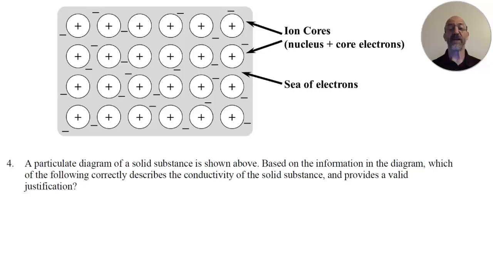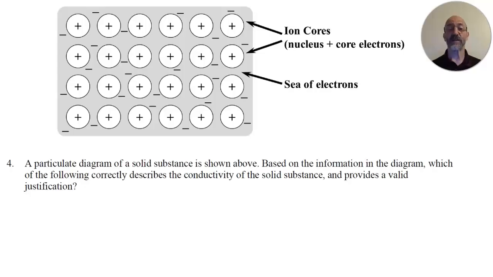Based on the information in the diagram, which of the following correctly describes the conductivity of the solid substance and provides a valid justification? Now, as you examine the features of this particulate diagram, you might not know at first if this is an ionic solid or a metallic solid.